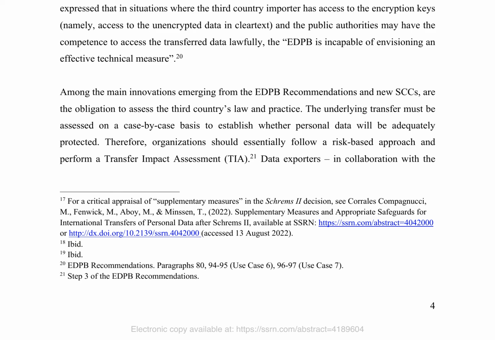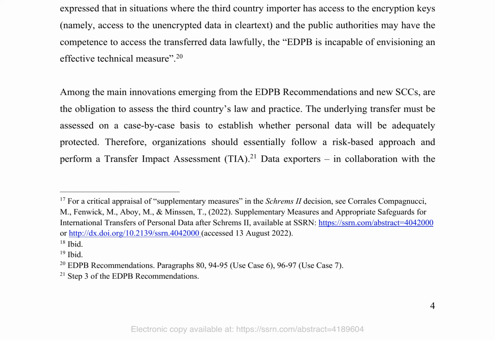The EDPB provides guidance on effective supplementary measures, including encryption, pseudonymization, and split or multi-party computation. Collaboration between data exporters and importers is also crucial in ensuring adequate protection of personal data. Data exporters must work with data importers to assess risks and implement effective mitigation measures, reflecting a nuanced understanding of data protection complexities in the digital age.